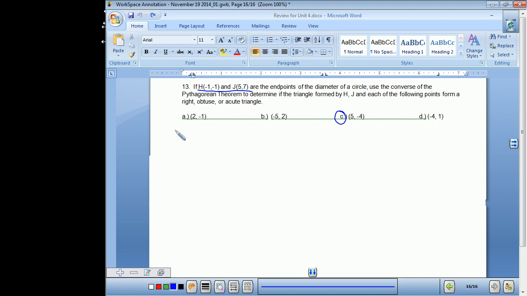So, do y'all want to just do it with the distance formula? Yeah. Okay, so let's do it with the distance. So we're going to find the distance for HJ. Can we just call this point K? Sure. And then let's find the distance for HK, and then the distance for JK.